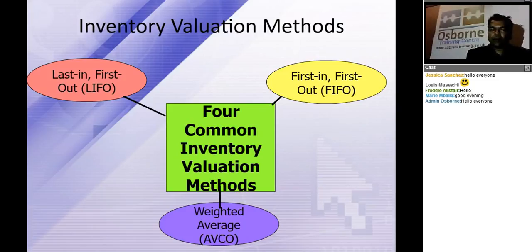We'll go through in detail a little later what it is about. We're also going to look at another method called first in, first out, which is also known as FIFO. And last but not least is weighted average, which is more popularly known as AAT.